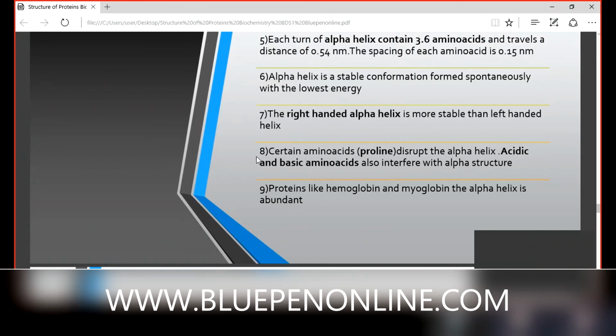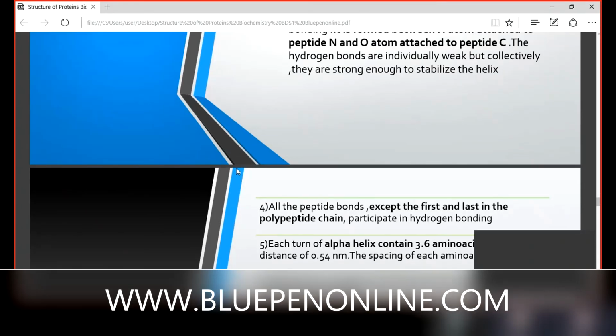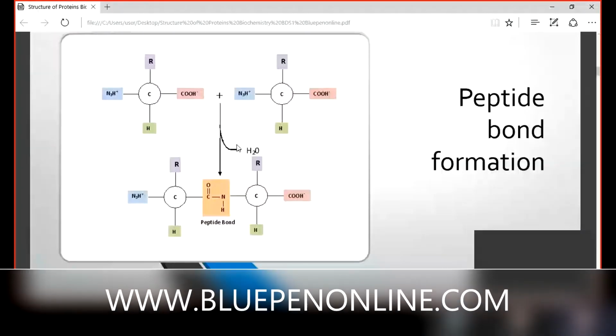So that carbon is known as the alpha carbon. But in proline, it's attached to different carbons. Just consider the structure of an amino acid. You can draw the structure. We have seen the structure in our peptide bond. I will show you the diagram. Vishnu, you can see the diagram.